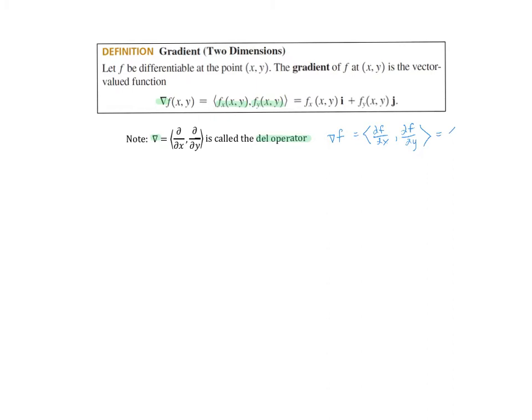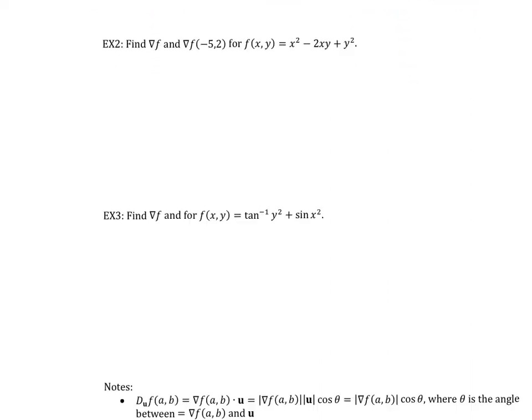Again, we can shorten this into the vector f sub x, f sub y. Let's go ahead and compute our gradient vector in example 2, and then we'll evaluate it at the point -5, 2.